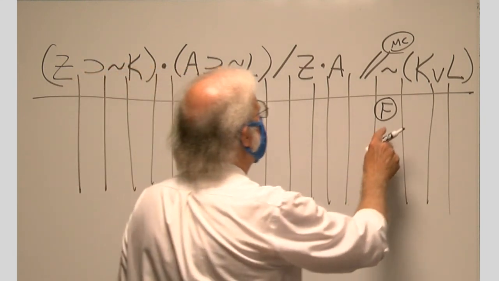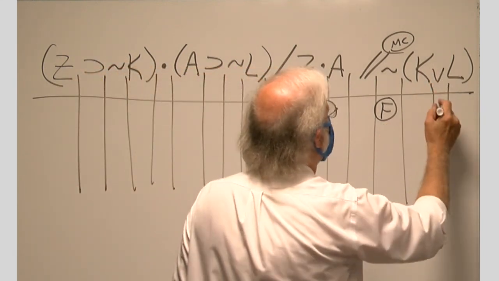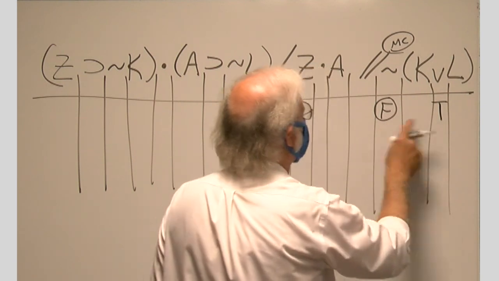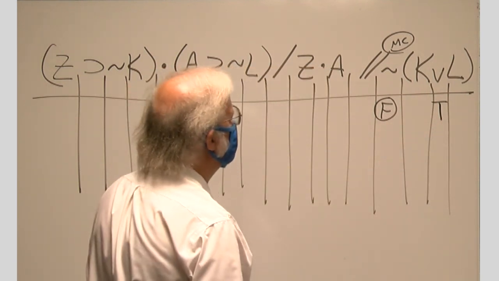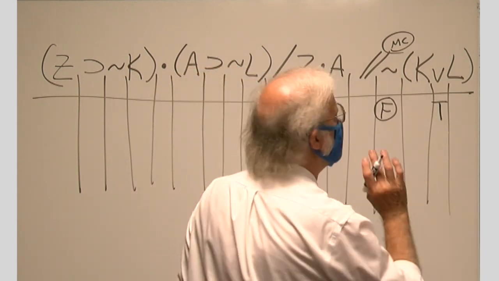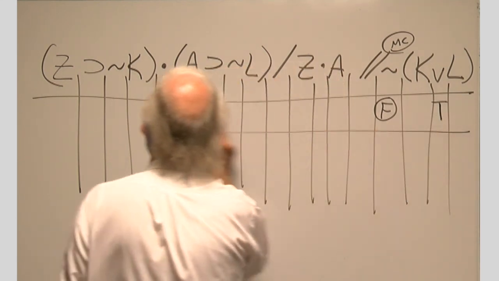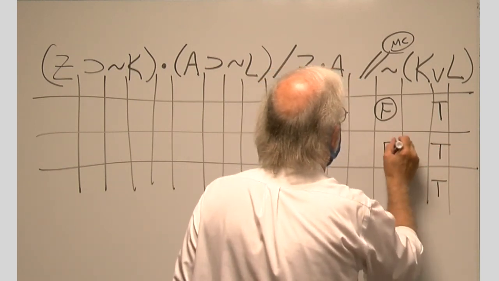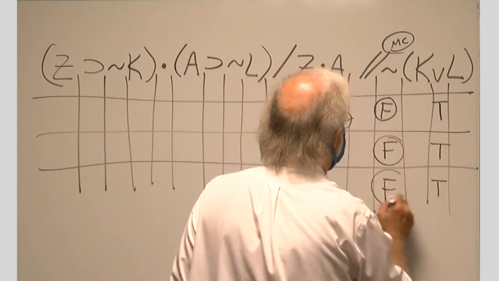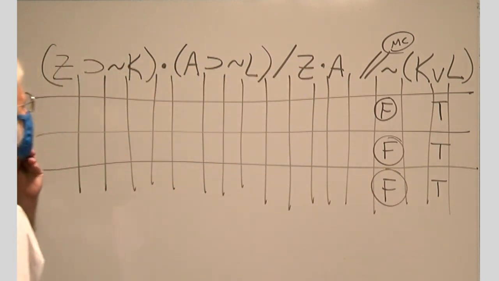Instead, we have to see that the wedge is going to have to be true, because it's the opposite of the tilde. How many different ways can a wedge be true? 3. So we're going to have to set up 3 rows. We may not need them all, but we have to set up 3 rows. We'll just see how it goes from here.